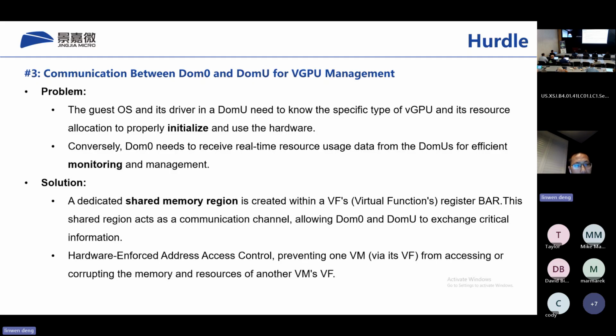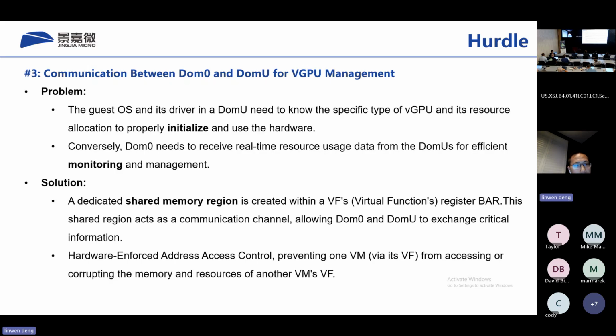The guest driver in the guest domain reads this information, allowing it to correctly initialize the vGPU, regardless of whether it's a full pass-through or a partitioned vGPU. This ensures driver universality.